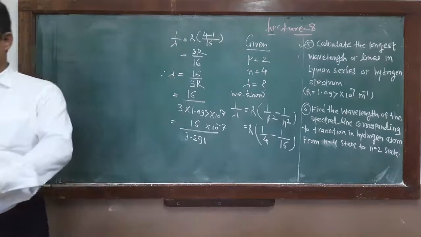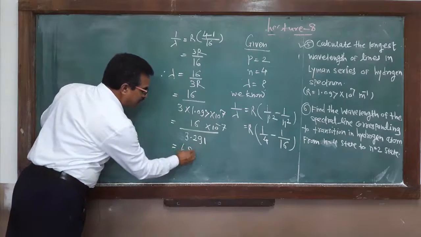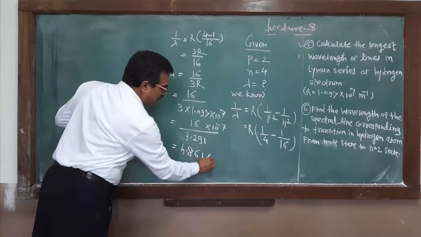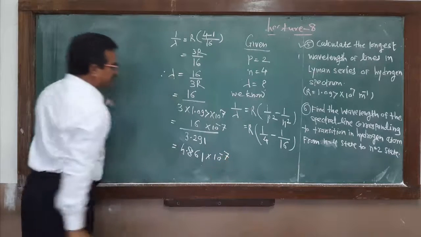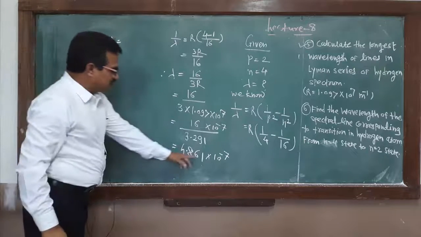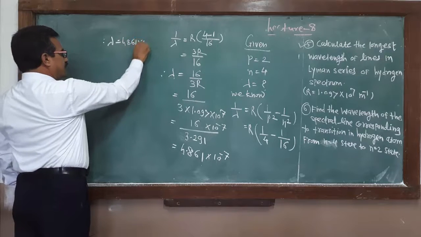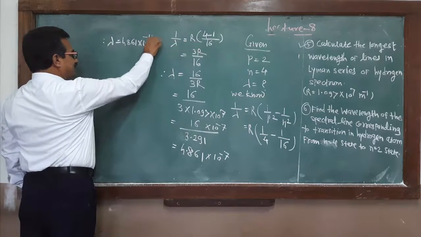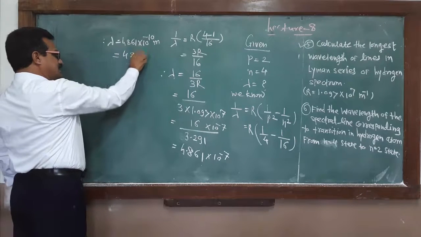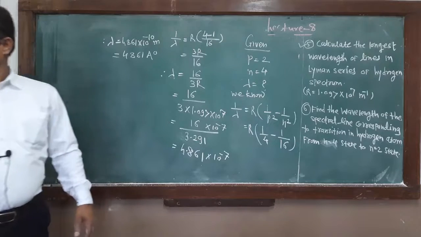And solve this by calculation. That value is 4.861 into 10 raised to minus 7. Therefore, wavelength must be equal to 4861 into 10 raised to minus 10 meter. It means 4861 angstrom. This is actually the solution for this problem.